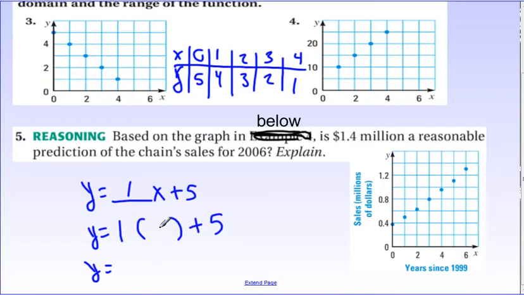If we plug in a 1, we should get a 4. 1 times 1 is 1. 1 plus 5 is 6. That didn't work. We need something smaller because we wanted to get 4 and we got 6. So 1 is not the thing we plug in there.